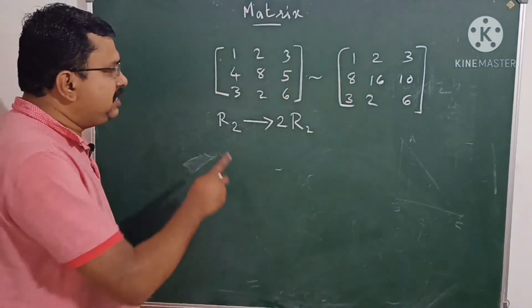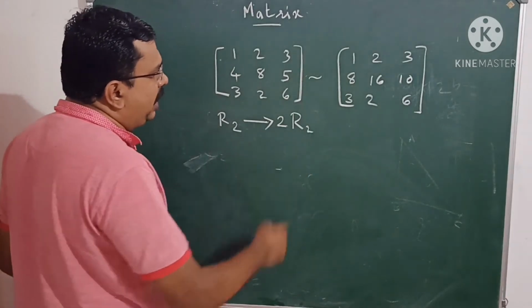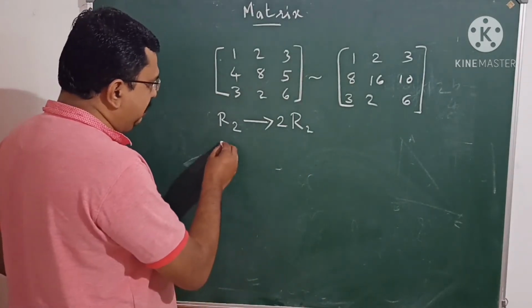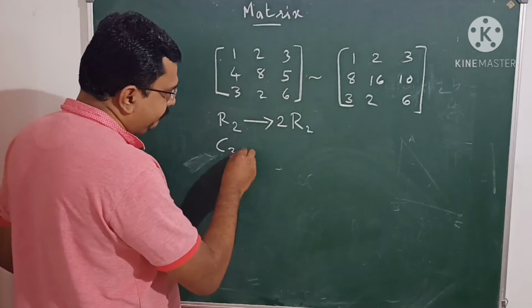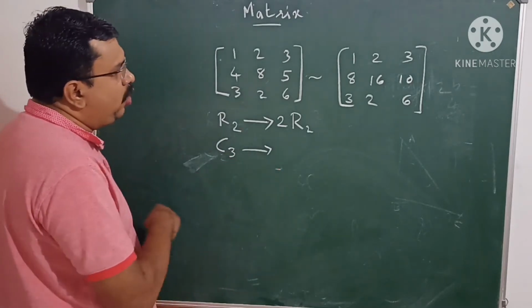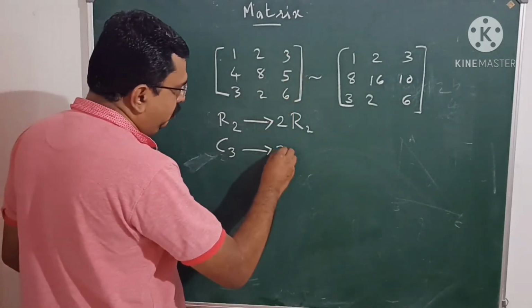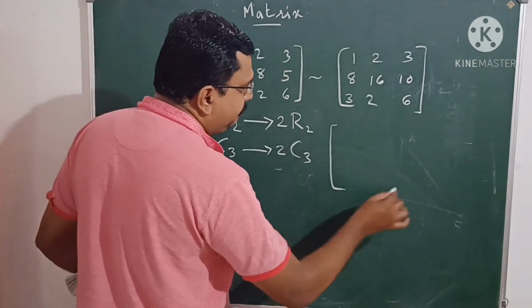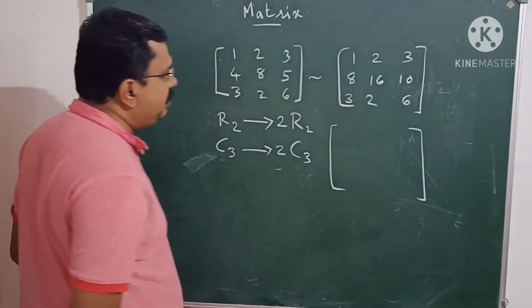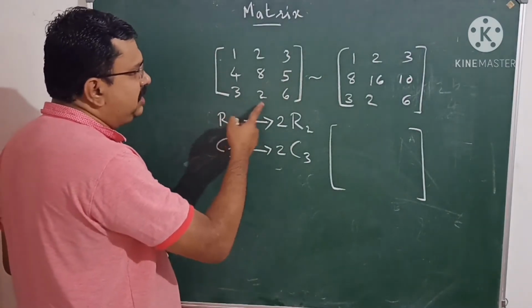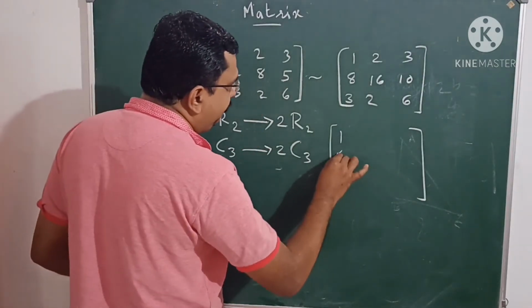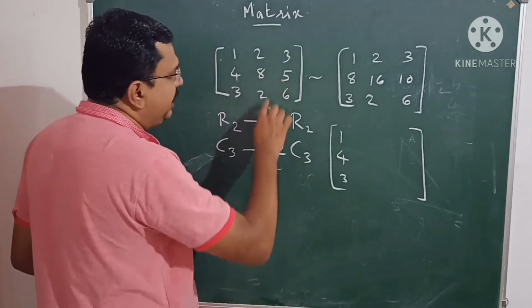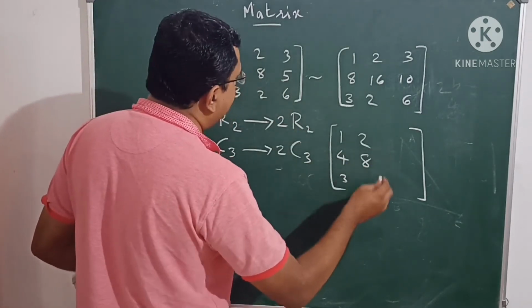Another example, this is R2 changed into 2R2, and another example is C3. The third column is changed into 2C3. Then it will become, look at that, first two columns are the same, no change: 1, 4, 3 and the second 2, 8, 2.